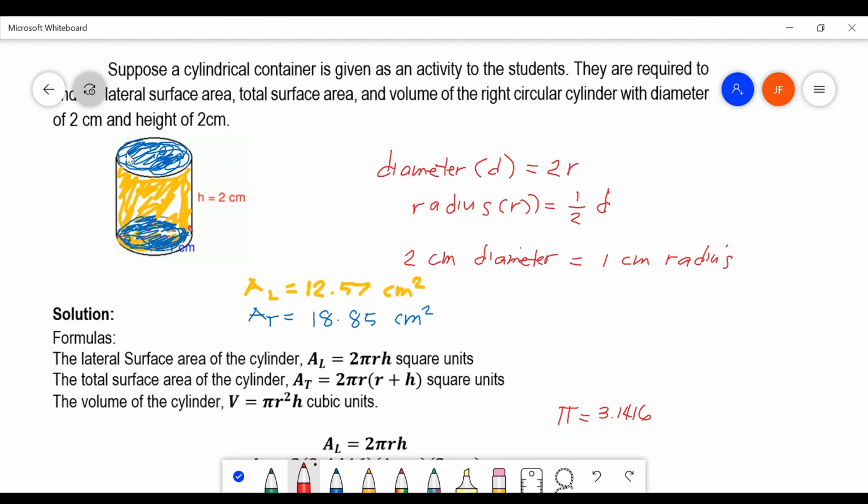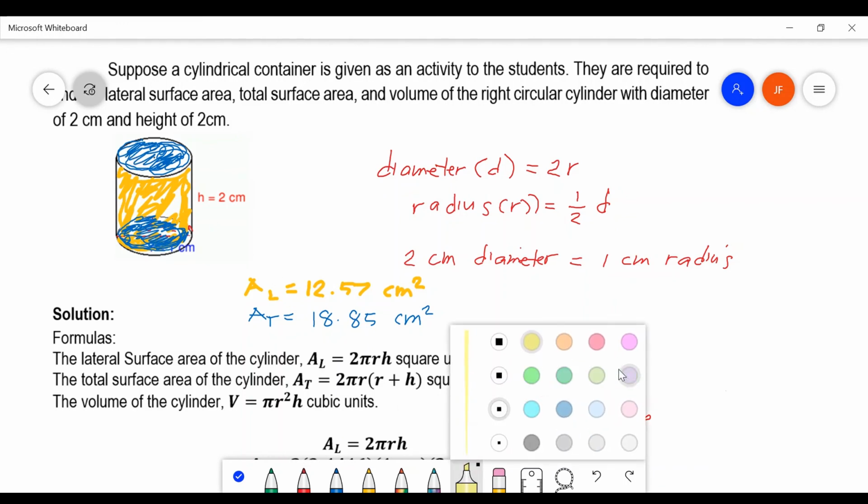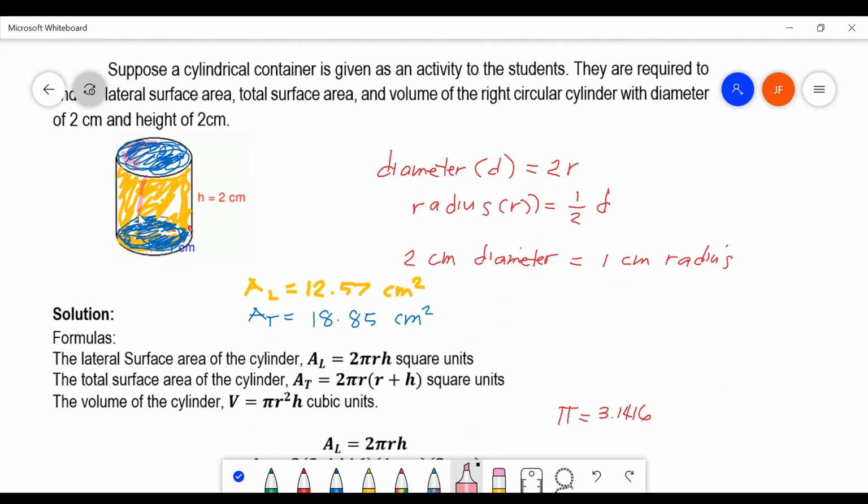The water goes inside and fills the container up to the brim, to its maximum capacity.